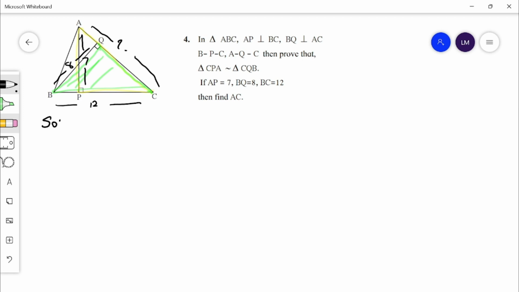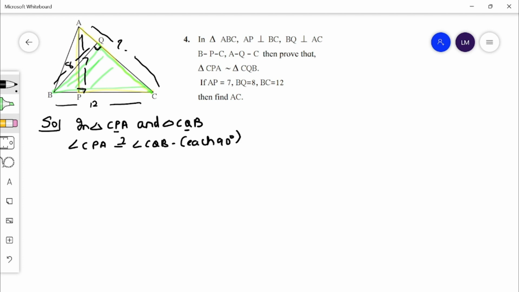Now solution. First we will prove both the triangles similar. So in triangle CPA and triangle CQB, both are having each 90 degrees, right? So that means in CPA, P is 90 and Q is 90. So angle CPA is congruent to angle CQB. Reason is each 90 degrees. Next, we can check that C is a common angle, and in the triangle names also we can check this.